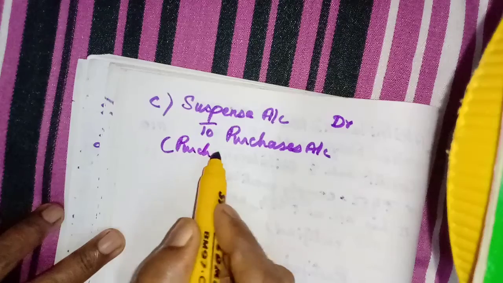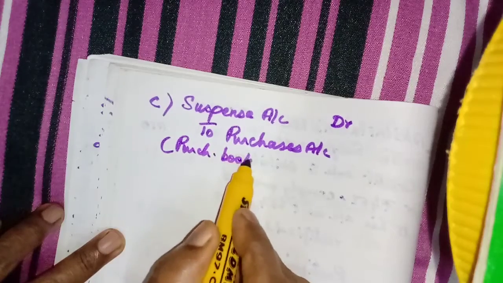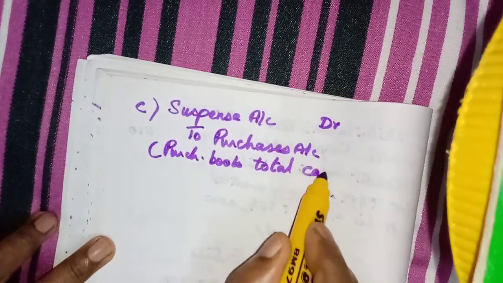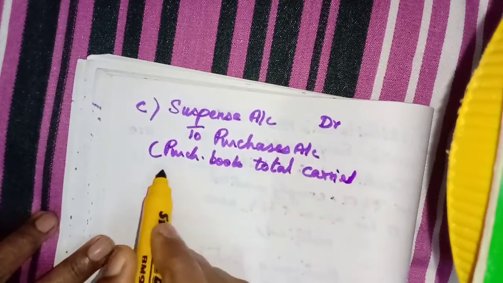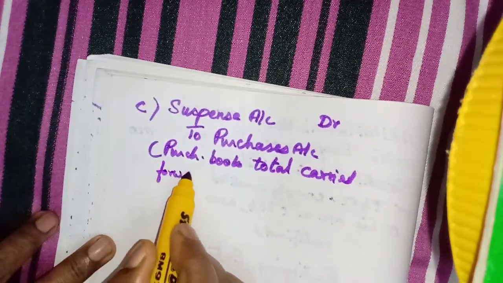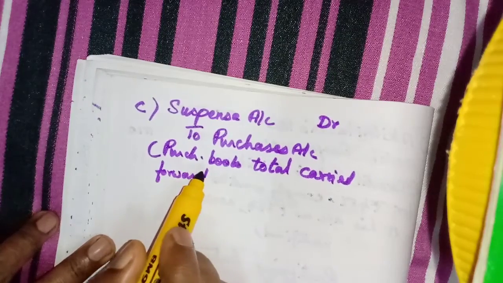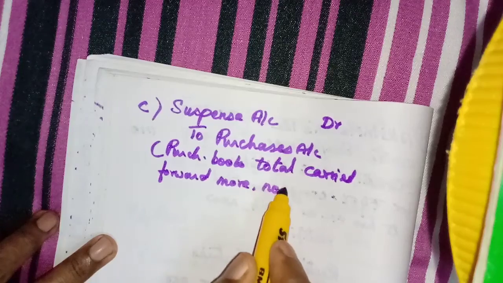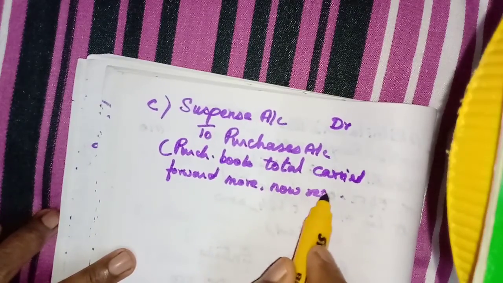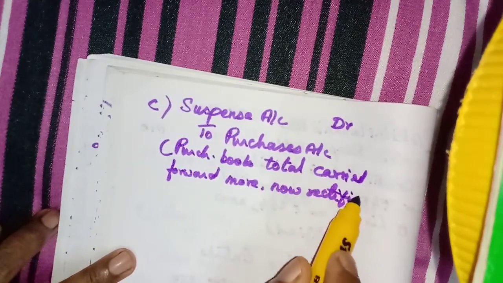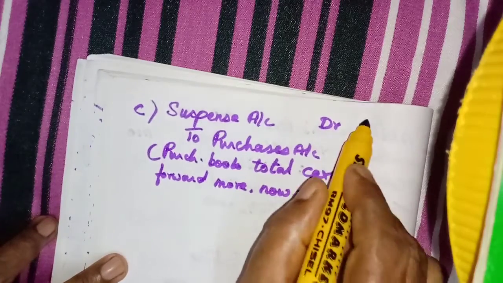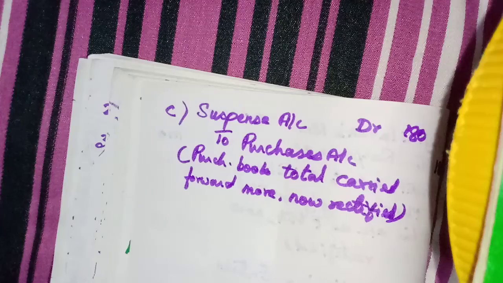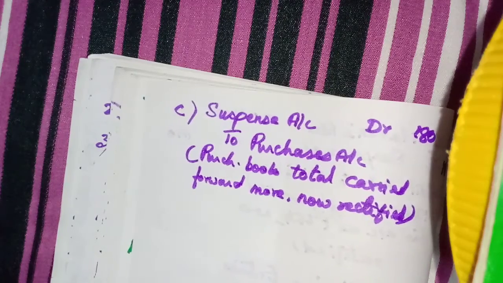Purchases book total carried forward more, now rectified. Amount 180. How much they have written more? 180. Okay, now D you will see.